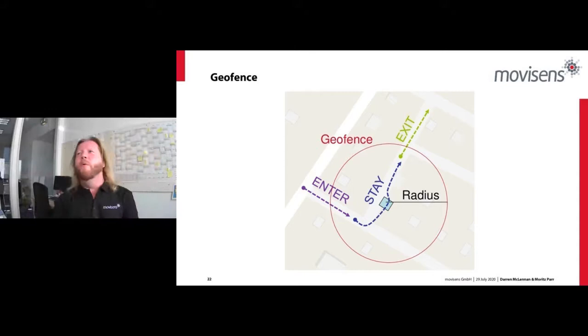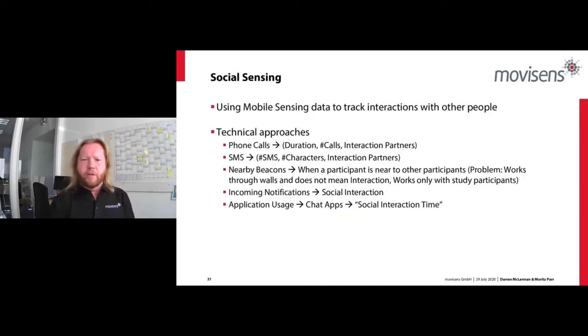You really want to get the information while it's as fresh as possible and avoid all the recollective biases that will happen. So tracking the interactions, as I said, through actual proximity is one key, but also the social interaction with the phone calls, the SMS, the chat apps on the phone, and so on, all count towards that social interaction time. And you can easily distinguish.